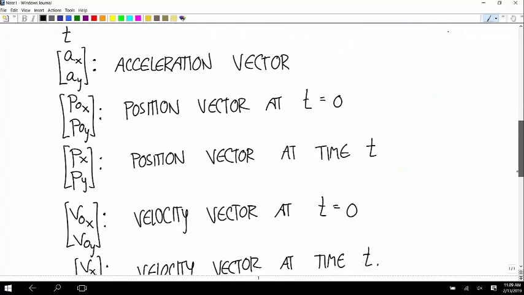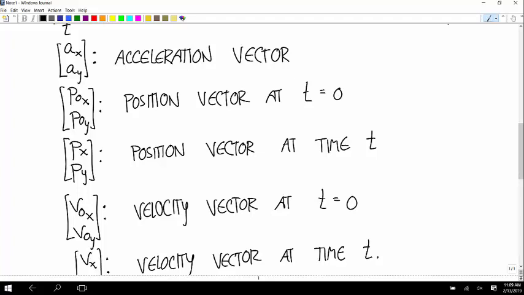So now if we go down to 2D, how many variables do we have? Well, it's still basically the same idea. We still just have time, acceleration, initial position, initial velocity. But now each, except for time, which is not a vector, each of the other ones is split up into 2 different components.